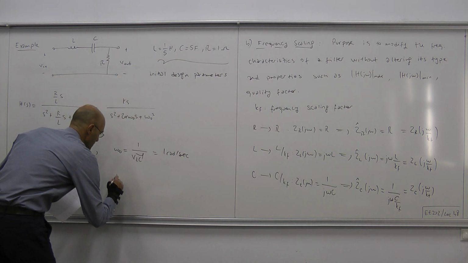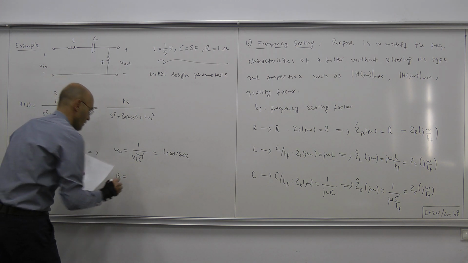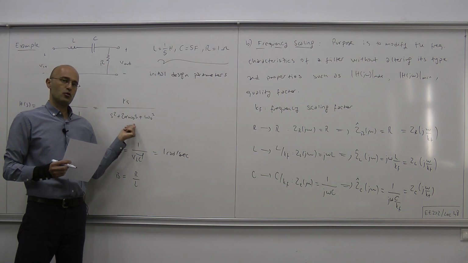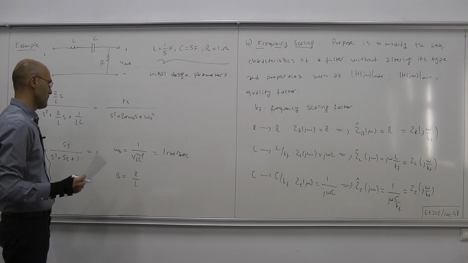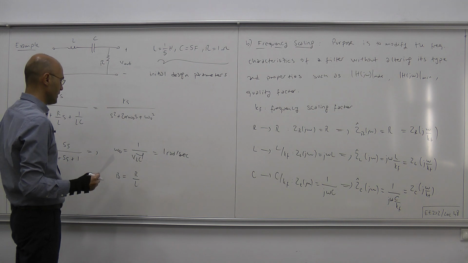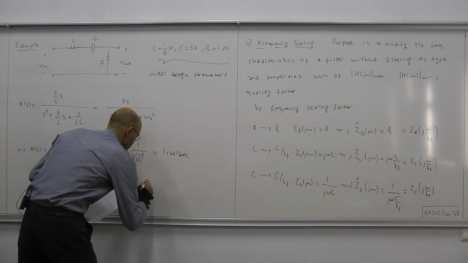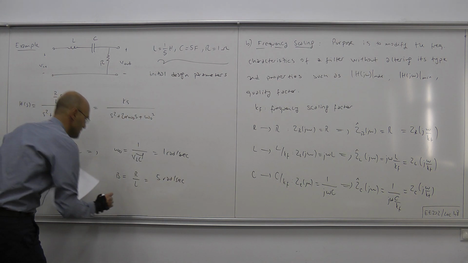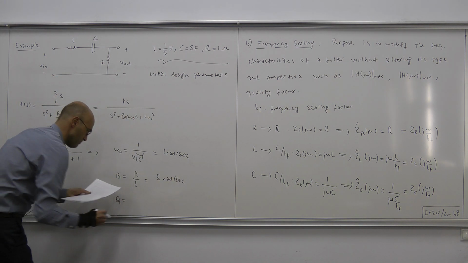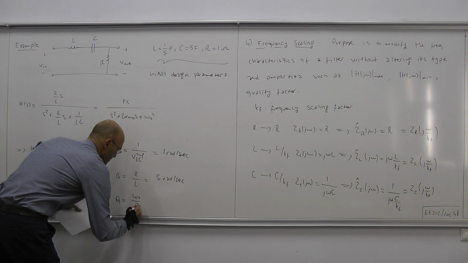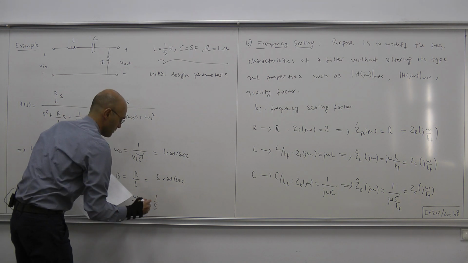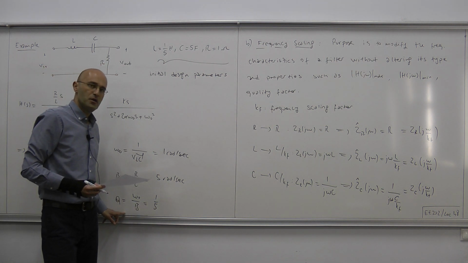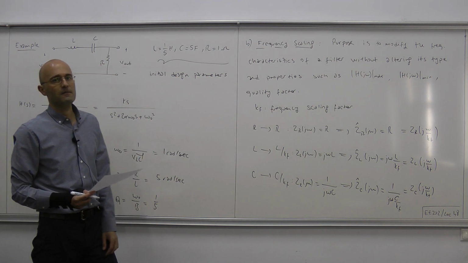And then the bandwidth, which is R over L, or 2 alpha omega 0 in terms of the prototype parameter values, is 5 radians per second. And the quality factor, omega 0 over B, is 1 over 5. Since it's less than unity, we're talking about a broadband filter.